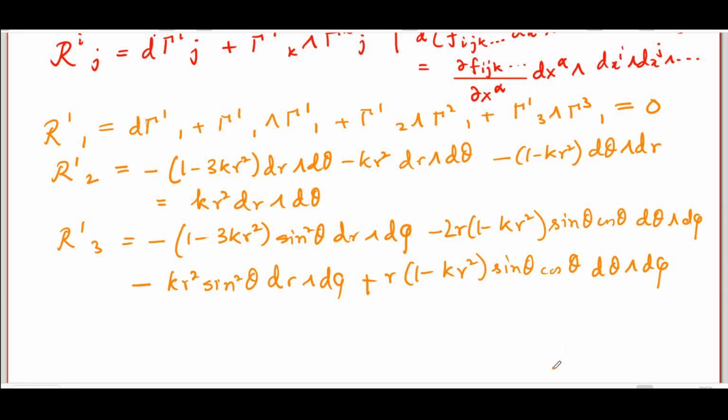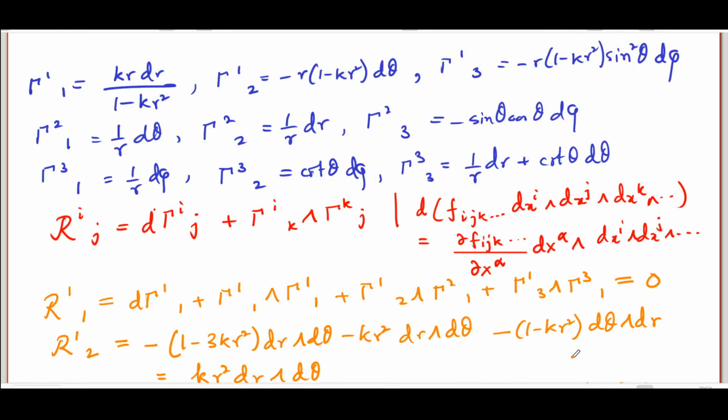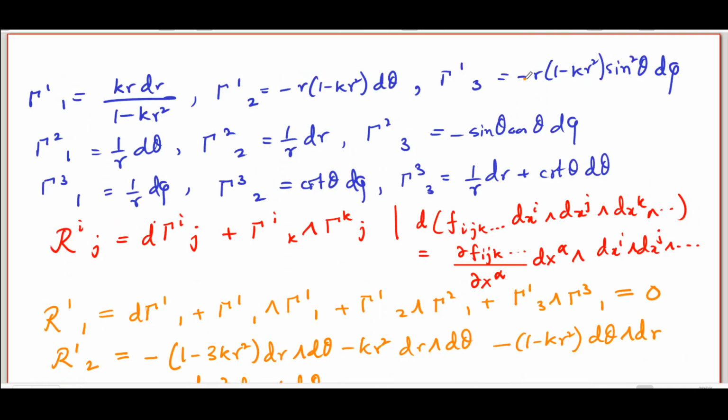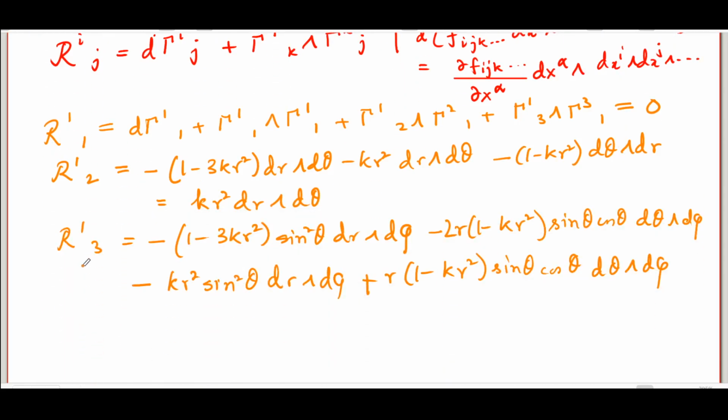That's gamma 12 wedge gamma 23. You have one more term, gamma 13 wedge gamma 33. And gamma 13 has a d phi, gamma 33 has both. So let's write it out first. Minus r 1 minus kr square sine square theta d phi wedged with dr by r plus cot theta d theta.